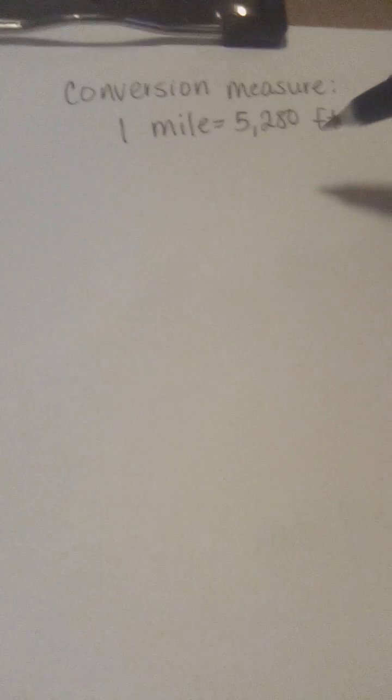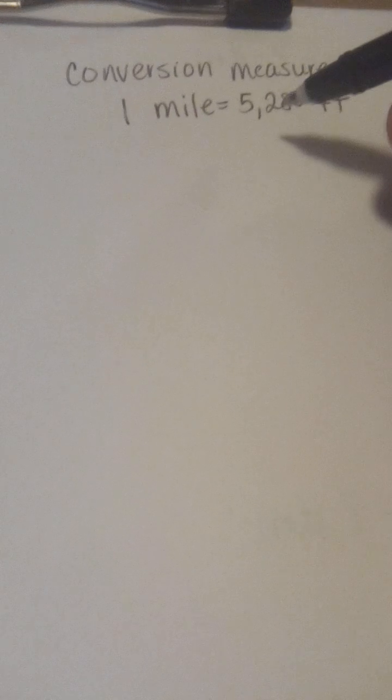That is significant. 1 mile equals 5,280 feet. This is going to be pivotal because when we get into the actual conversion, it's going to be useful. Just write that down as part of your notes.